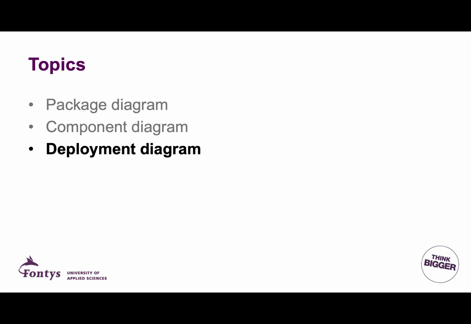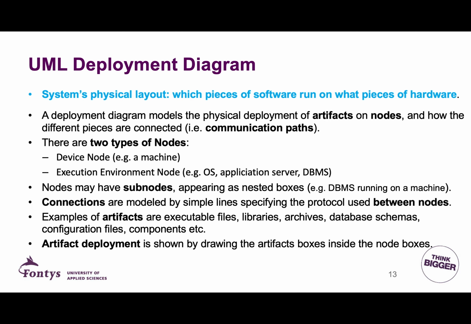Next topic, the deployment diagram. So I have a physical layout of my software, actually. Physical layout means if I am ready with my software development, or I want to test my software, I need to run it somewhere.